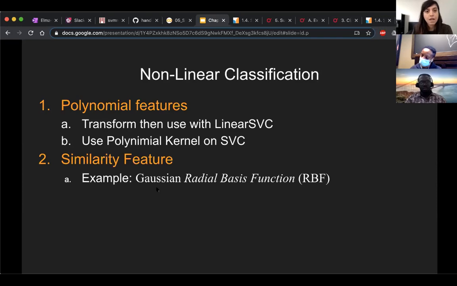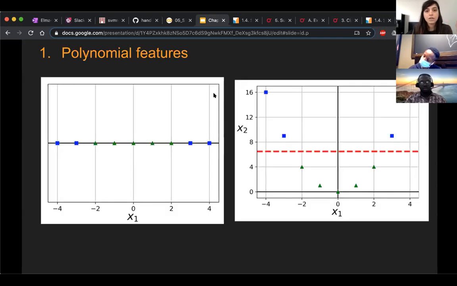All right, so let's just focus on this one. This is an example of a nonlinear classification problem. We cannot fit a line to classify these blue and green dots.